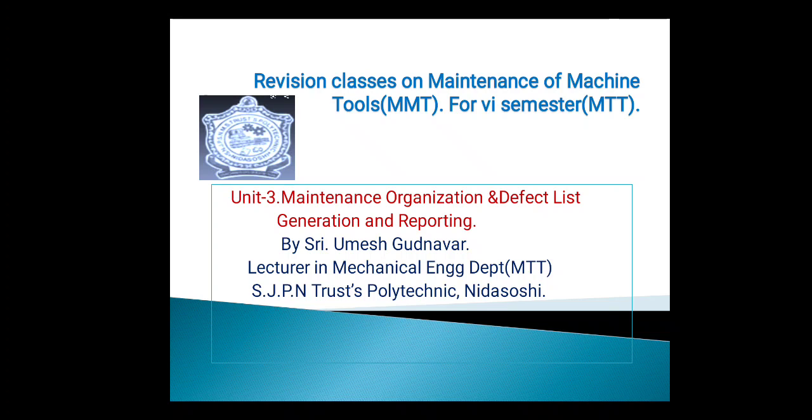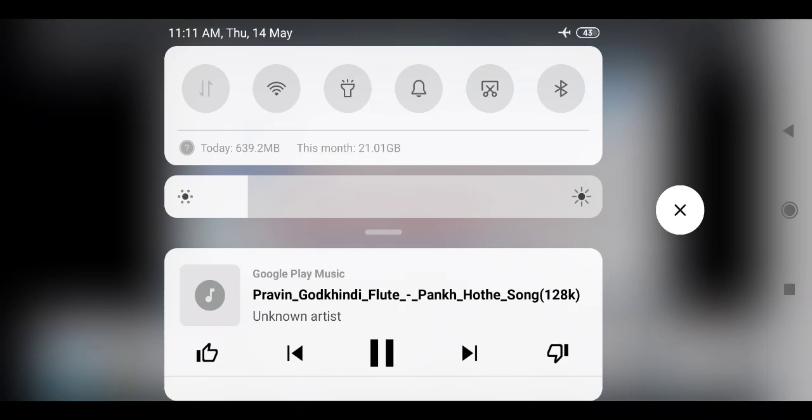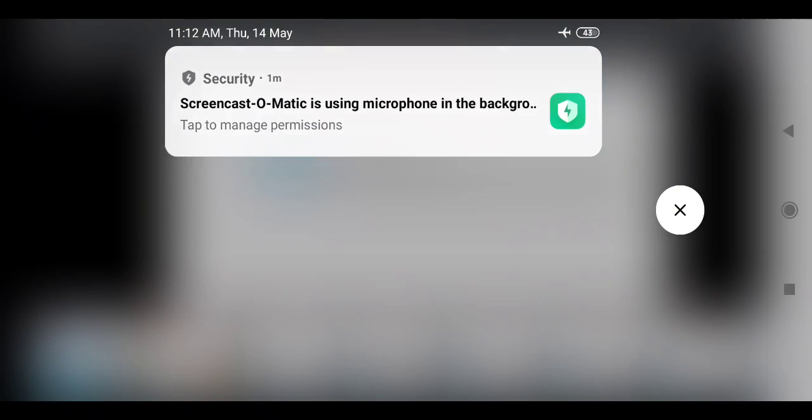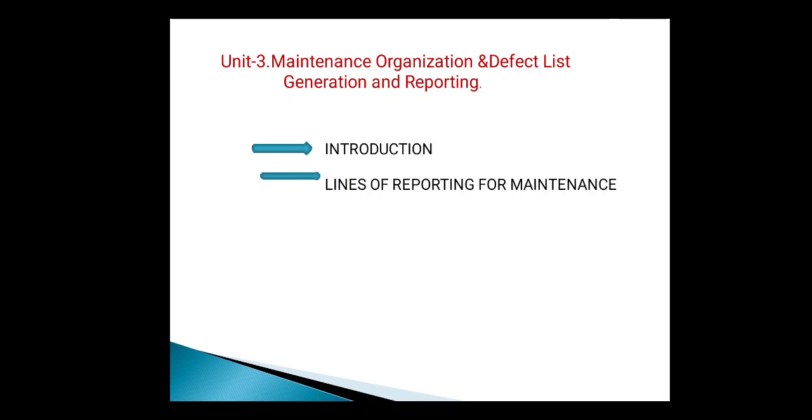Okay, let us start with the introduction to maintenance organization and defect list generation and reporting. Maintenance organization is an important department in every industrial organization, which keeps the mechanical things in good condition.